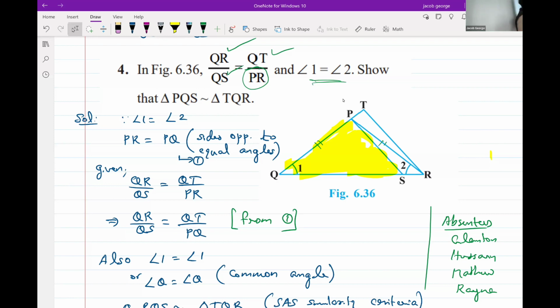It is part of both triangles. So we have two sides proportional and the included angles equal. By what criterion can we write it? By SAS. So you will easily do it in the exam, a 2 or 3 marker question. Please note this down. This is also there in the past papers.